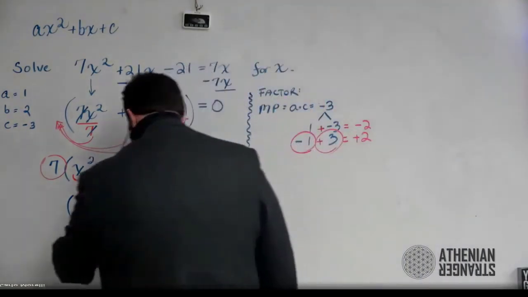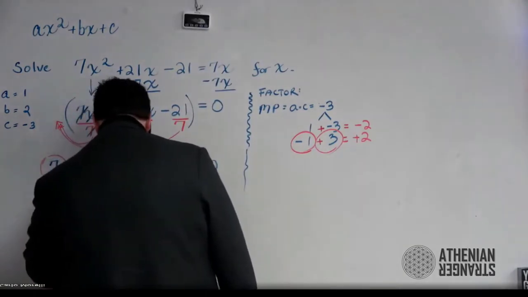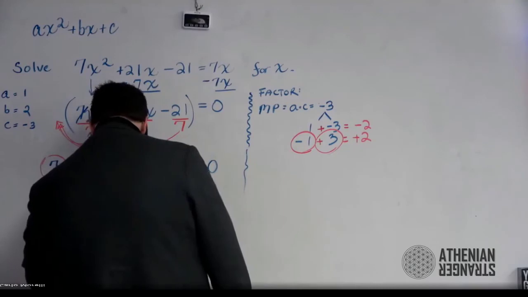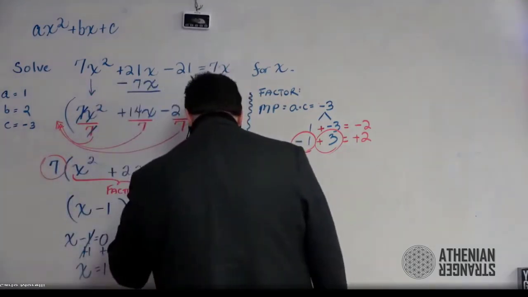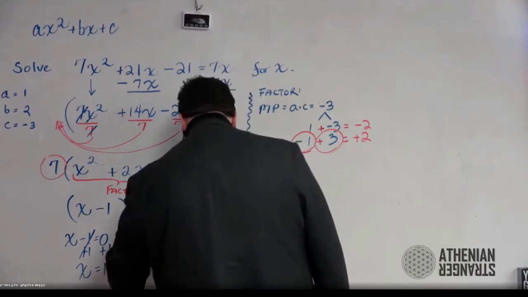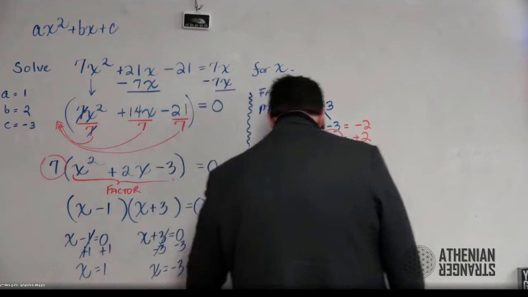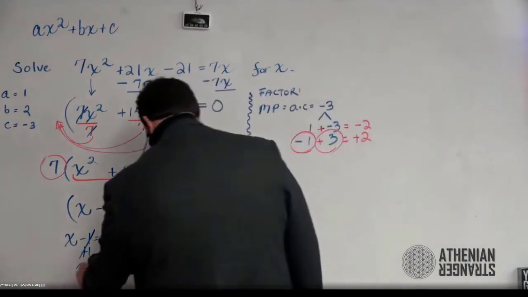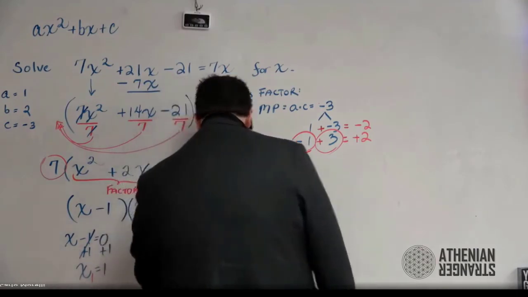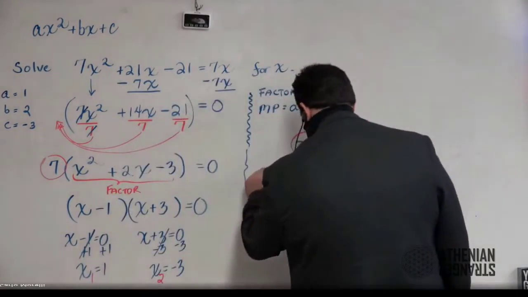Add 1 to both sides here, and x equals 1. Subtract 3 from both sides here, and x equals negative 3. Remember, we label these as x sub 1 and x sub 2, and then we write our solution as follows.